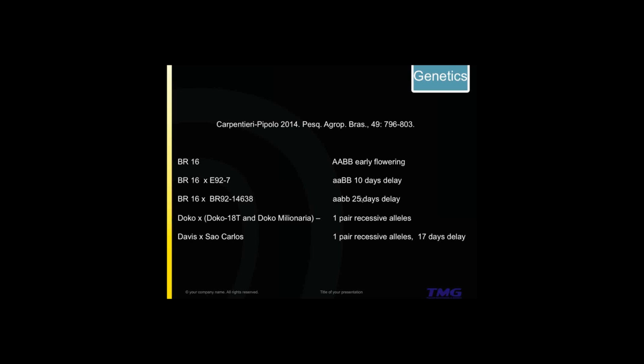We were able to move soybean to a shorter cycle, as I mentioned, and anticipate the planting date without sacrificing yield. Actually, we saw yield increase most of the time when we did that.